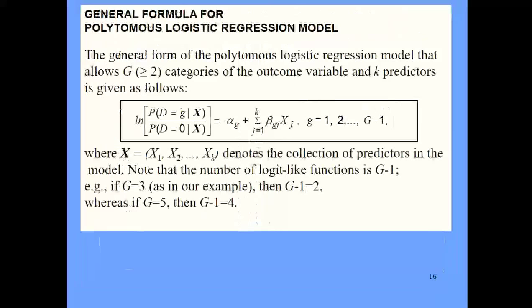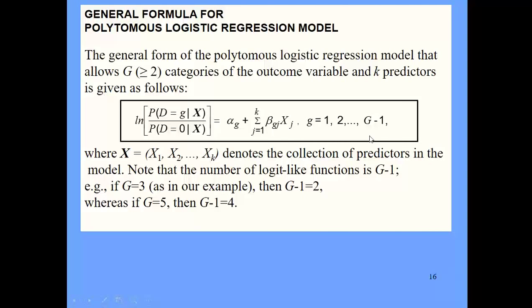The thing I didn't show you was the general form of the polytomous logistic regression model, and you could write it like this. Some of you who might not feel mathematically comfortable might look at this and start twitching a little bit, but this is the general formula. Basically, you notice it says g equal to 1 to G minus 1.